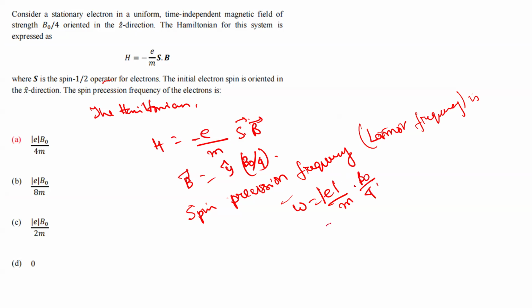Thus we have e V0 by 4m. So option A of the given problem is the correct one.